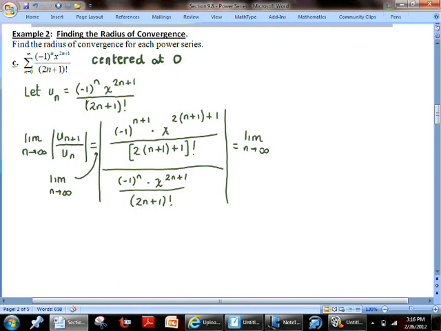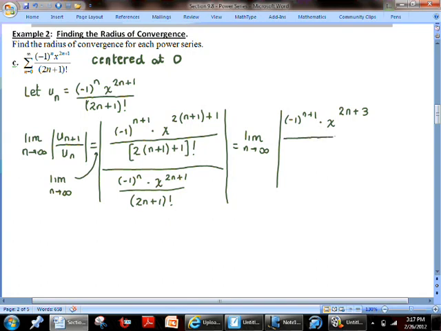Now all we're going to do is take care of our n plus 1s and do as much reducing and simplifying as we can. At the same time, I'm going to multiply by the reciprocal of the denominator. So what I would have here in the absolute value signs would be negative 1 to the n plus 1 times x to what would end up being the 2n plus 2 plus 1, or 2n plus 3 power.